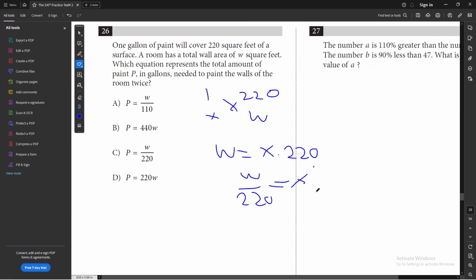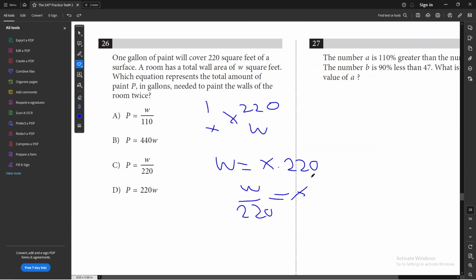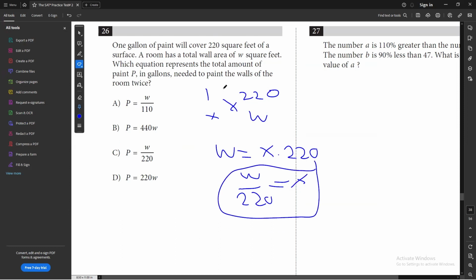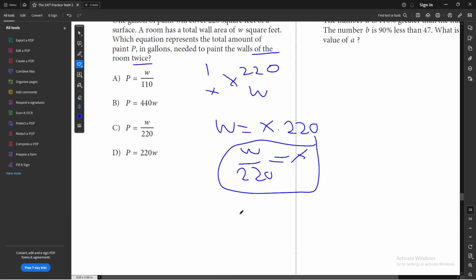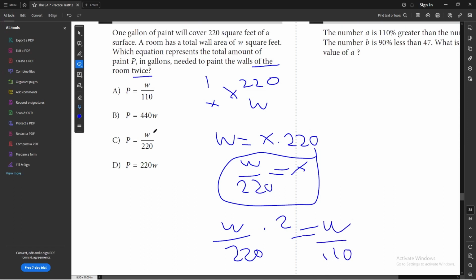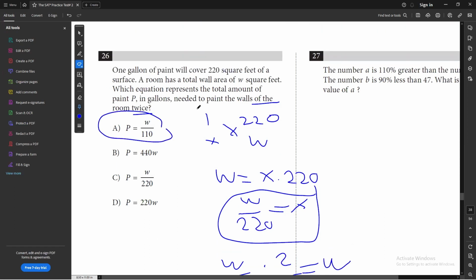Therefore, I need this much paint for my wall. However, it says that the walls will be painted twice. Therefore, I'm going to multiply this by 2. W divided by 220 times 2 is equal to W over 110, which is answer choice A.